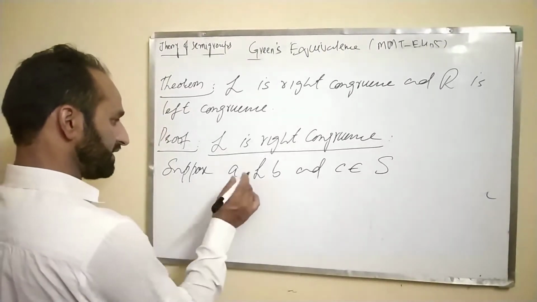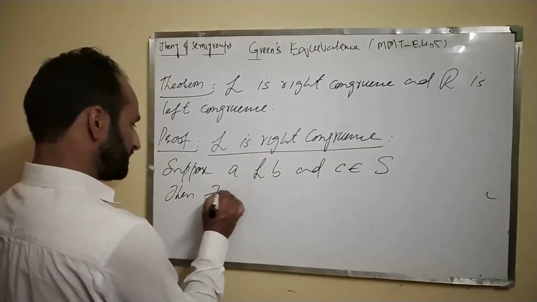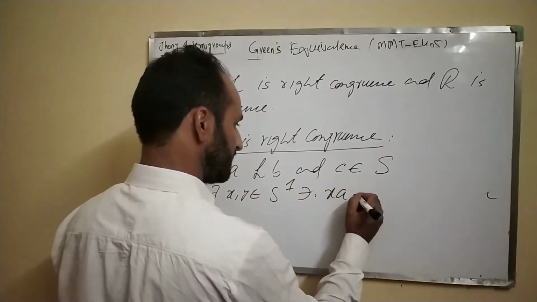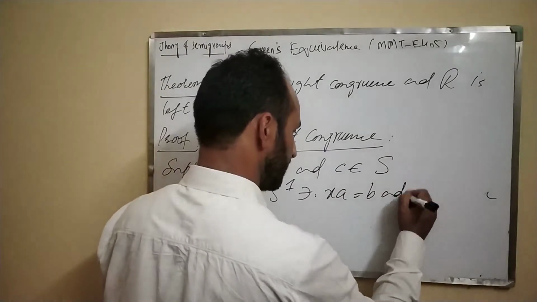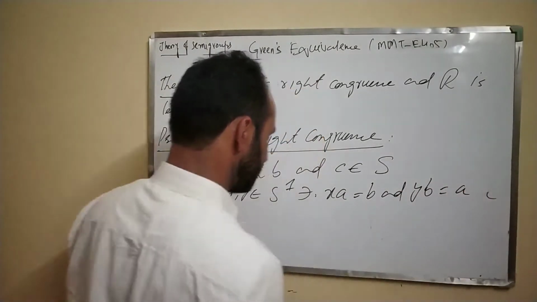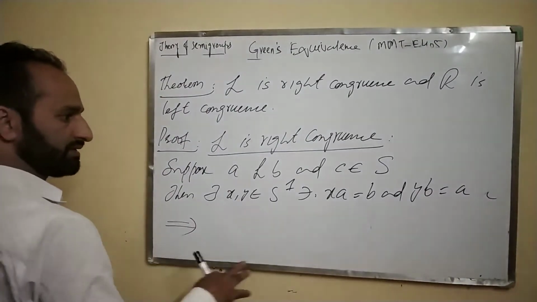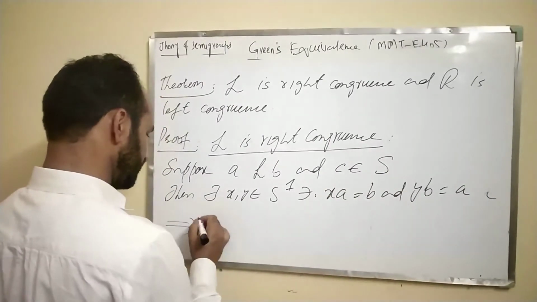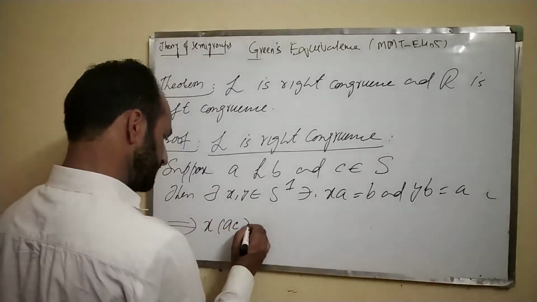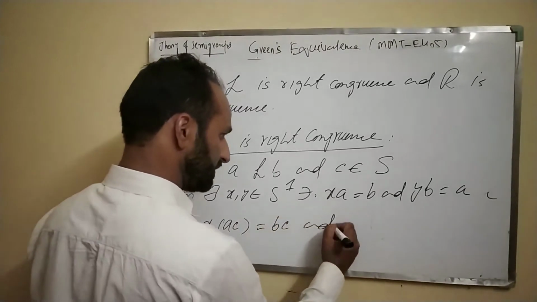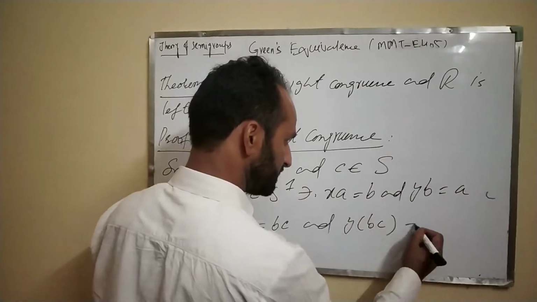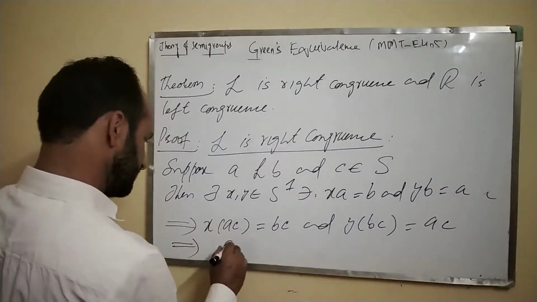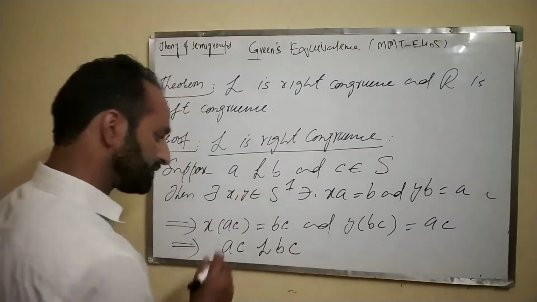So this is true. A is L related to B. Then there exist X, Y in S1 such that XA is equal to B and YB is equal to A. Multiplying both equations on the right side by C, we see that XAC is equal to BC and YBC is equal to AC, and this gives that AC is L related to BC.